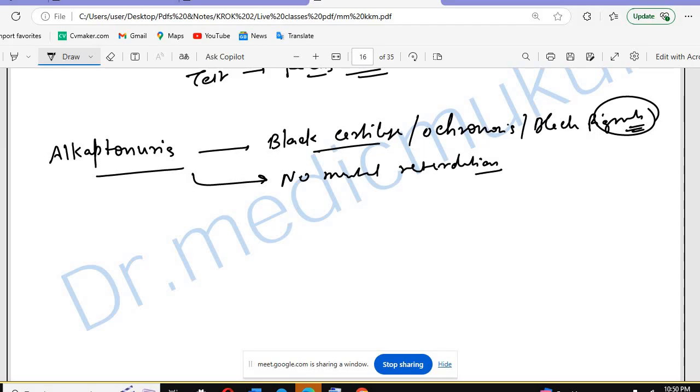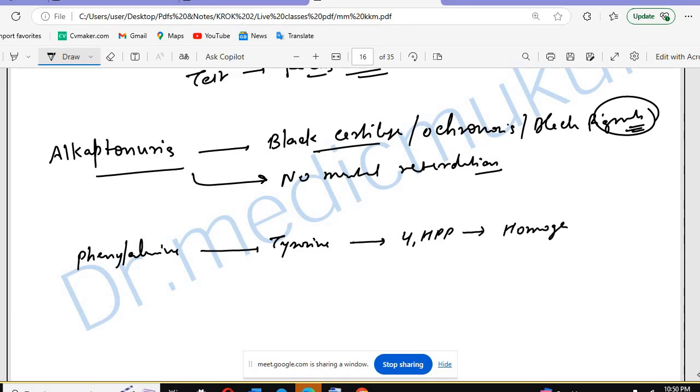Alkaptonuria is again a similar disorder, but here we see phenylalanine, then tyrosine, then 5-hydroxyphenylpyruvic acid, then it converts into homogentisic acid.